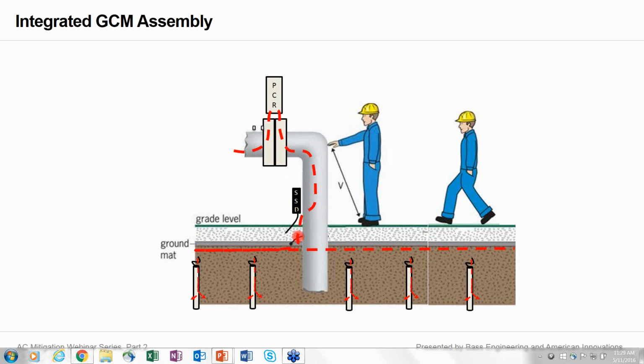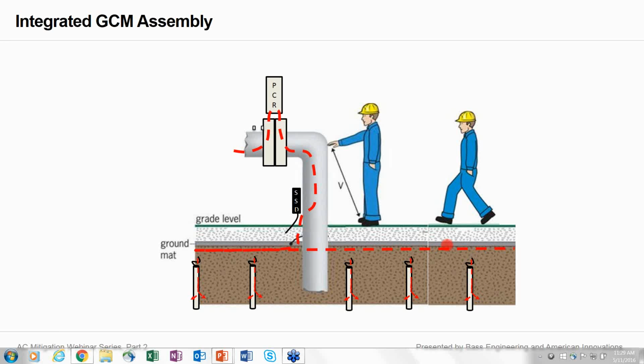We can also send some of that energy down to our gradient control mat, so that the gentleman depicted walking up to the pipeline itself, you can see that even though his feet are apart, he's on top of that gradient control mat. So that gradient control mat serves to collapse those voltage gradients.